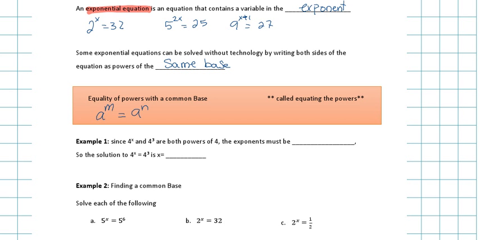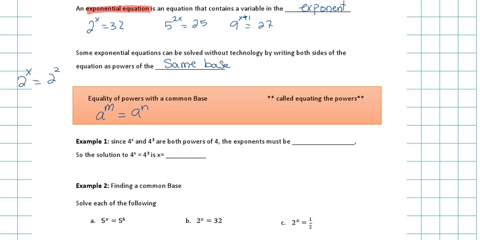So what does that mean? If I have both sides with the same base, then right away that makes my exponents equal. Right? Because think about it this way, 2 to the power of x equals 2 to the power of 2. What does that mean? x is equal to 2. Right?